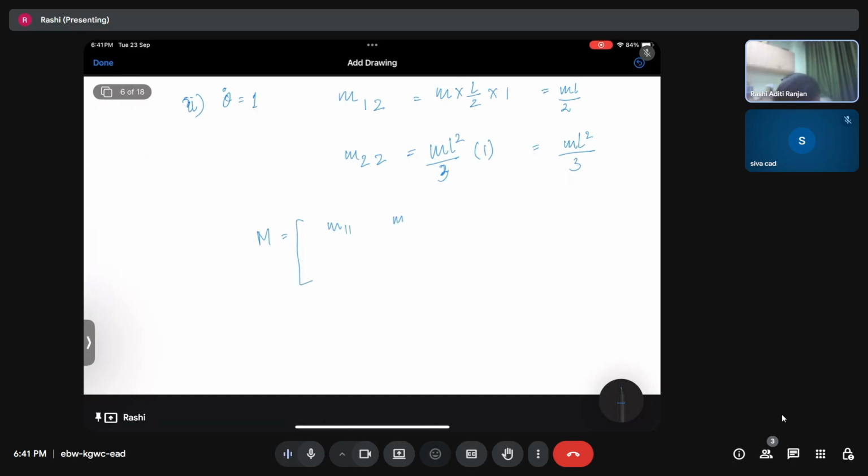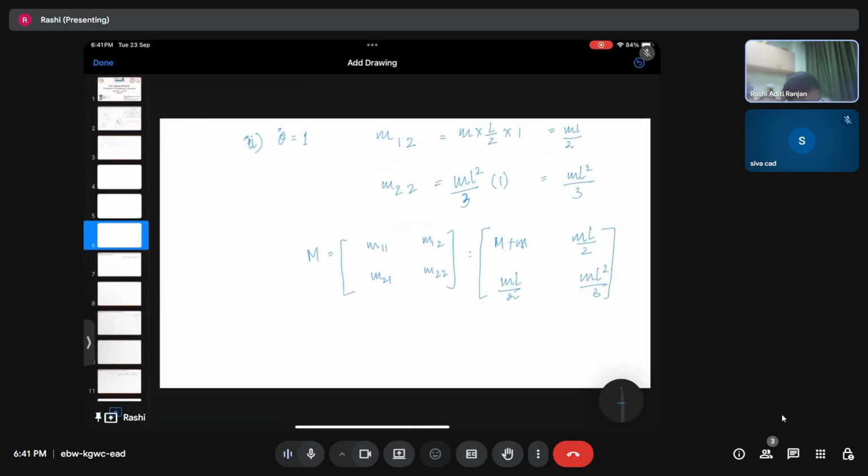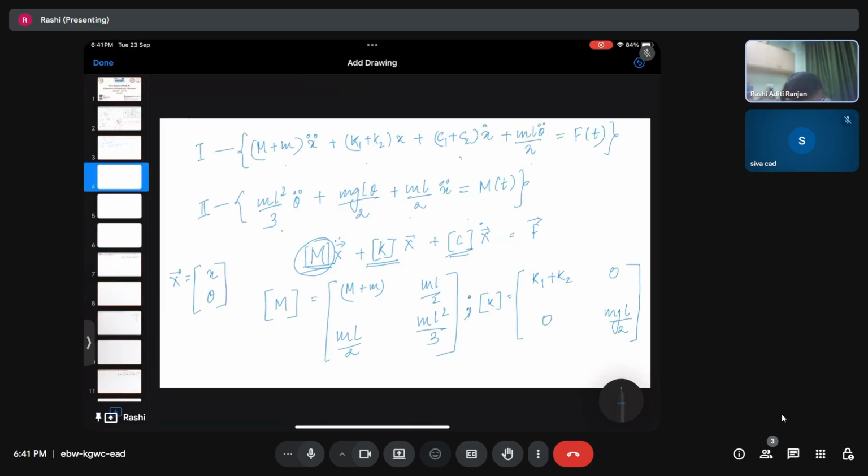Now with the help of this, we can find out the mass matrix M11, M12, M21, M22, which is capital M plus small m, capital M plus small m, ml by 2, ml by 2, ml square by 3, ml square by 3. Okay. Now, if I compare it with when I found out the equation of motion, it is exactly the same.